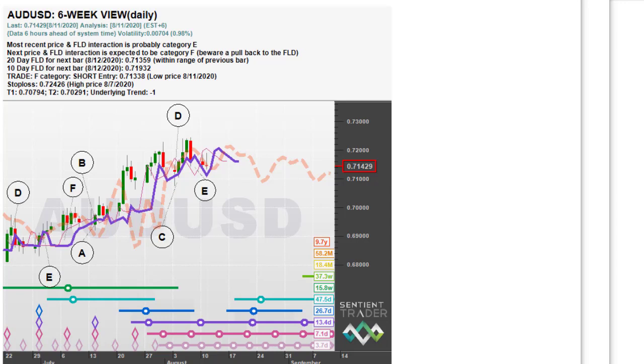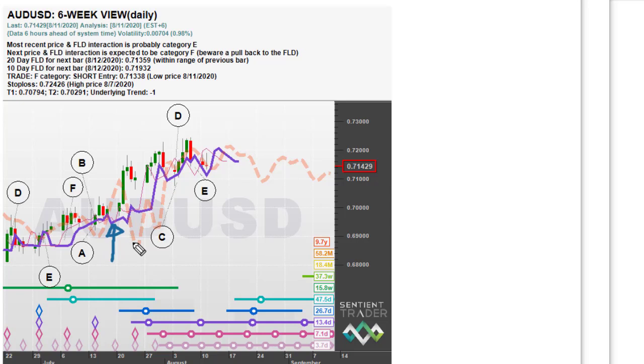Now, if you have a look at the many clues that are on this chart in terms of the bullishness or bearishness of this market, you can see on the 6-week chart that over the past 6 weeks, price has failed to get below the 20-day FLD. Can you see that? Over a 6-week period, during which time we were expecting a 20-week cycle trough to form.